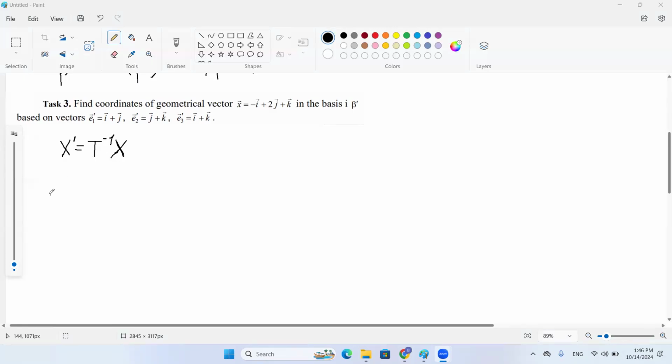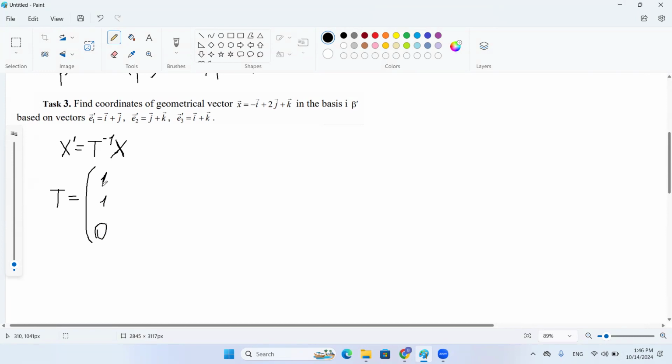So the matrix T will be formed actually by these vectors written in columns. It has the following structure. Vector E1 will be the first column: 1, 1, 0. But I actually meant that, but you said that I was incorrect.